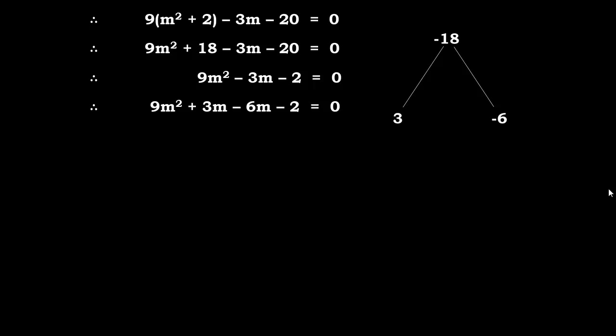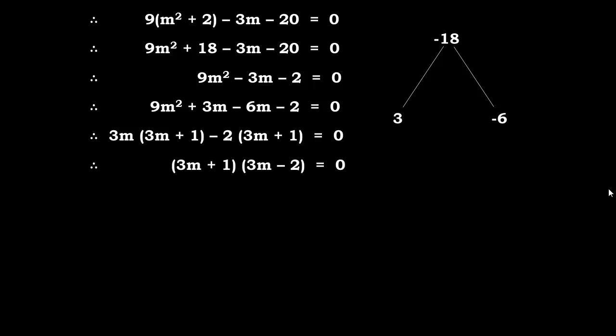So from the first two terms we can take 3m common, in bracket 3m plus 1, and from the next two, minus 2 common, in bracket we get 3m plus 1 is equal to 0. Therefore 3m plus 1, second bracket 3m minus 2 is equal to 0.